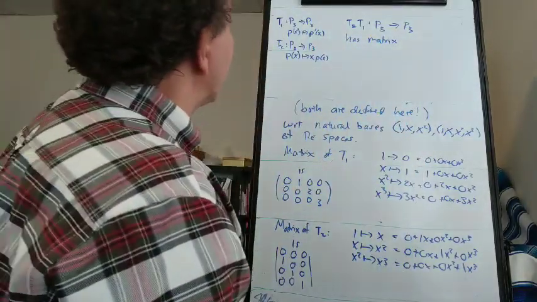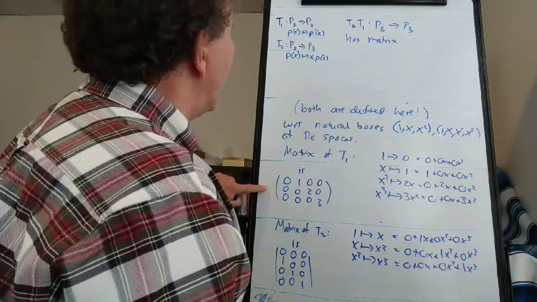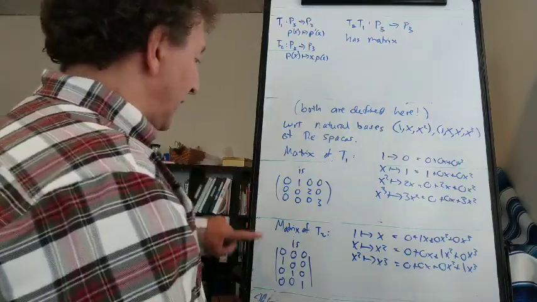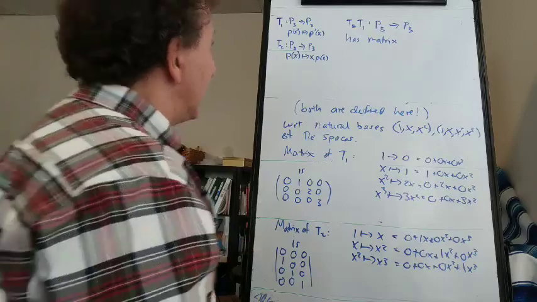So this one has matrix. We'll put the matrix of T1 on the right, the matrix of T2 on the left.